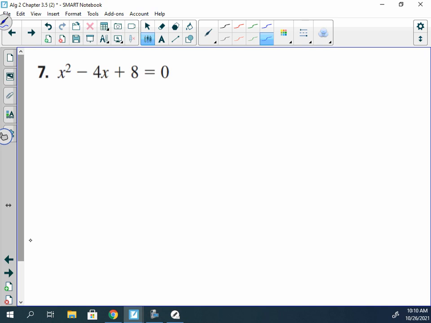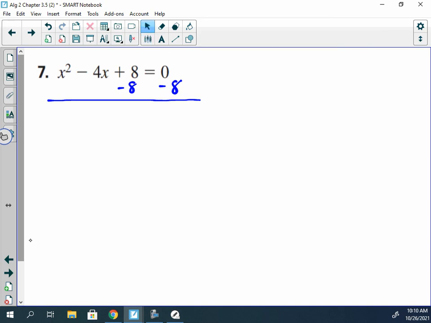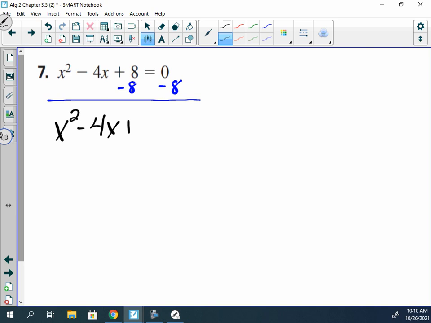Yes. Okay. We're going to subtract 8 from both sides. And what this will give us is x squared minus 4x plus blank is equal to negative 8 plus blank.